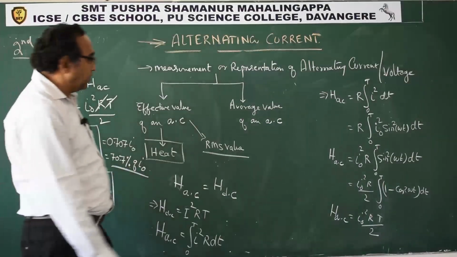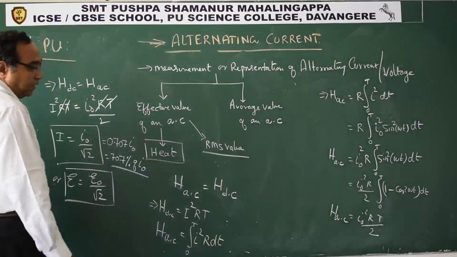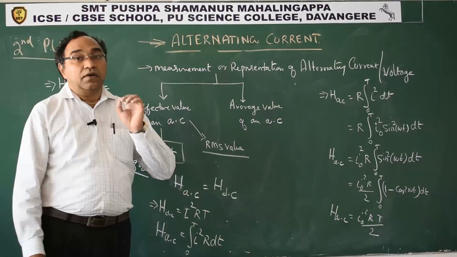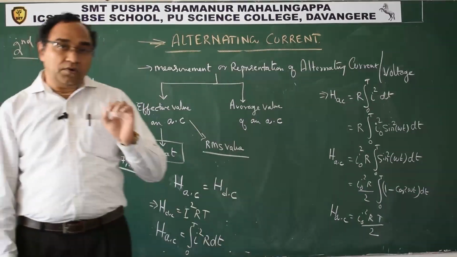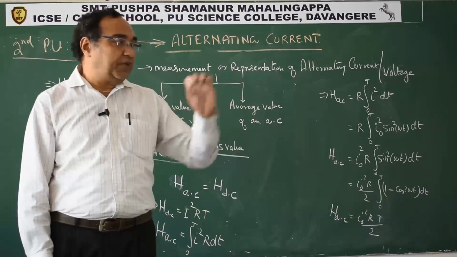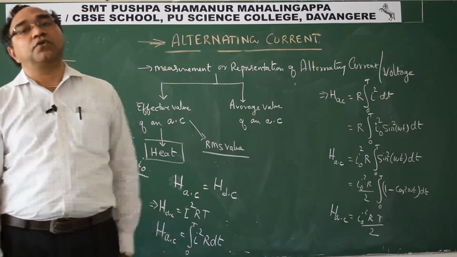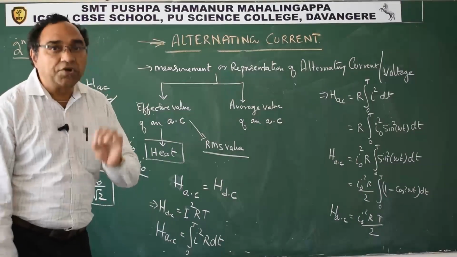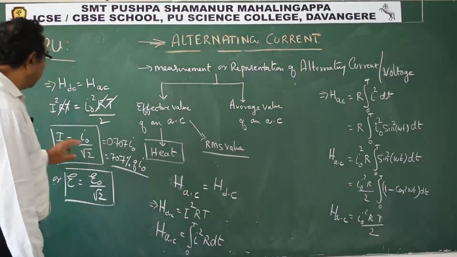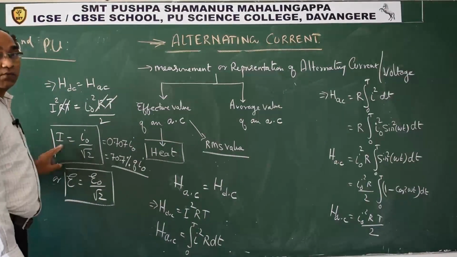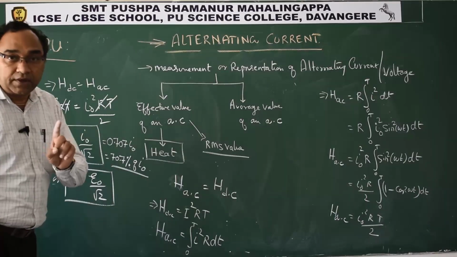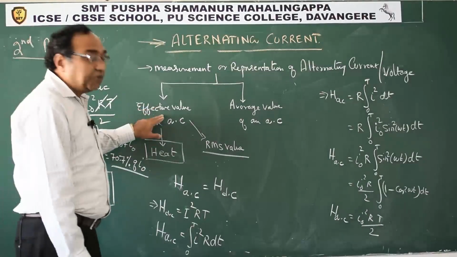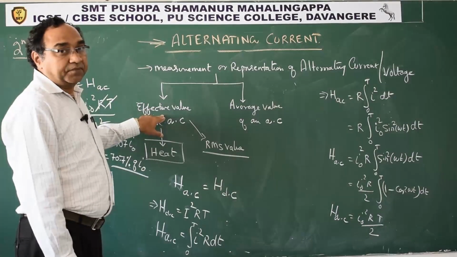So students, if it is asked that 220 volts 50 hertz is the representation of household mains, then what does that 220 volt represent? It represents the RMS value. It is not the peak value. It is the effective value of an AC.